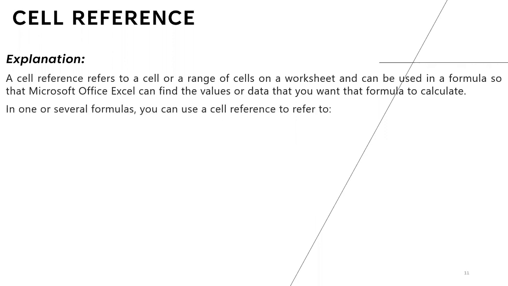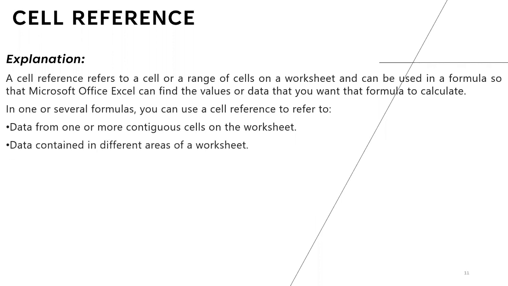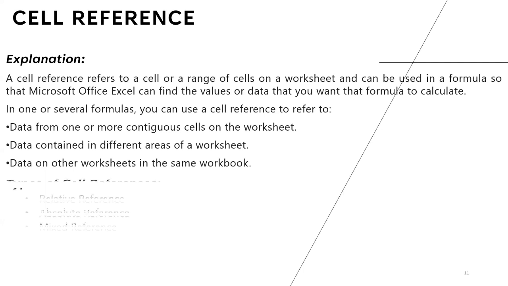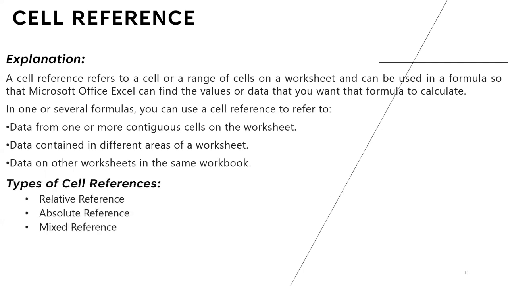In one or several formulas, you can use cell references to refer to data from one or more contiguous cells on the worksheet, or data contained in different areas of the worksheet, or data on other worksheets in the same workbook, and so on.